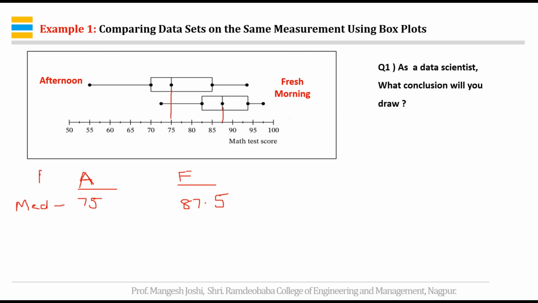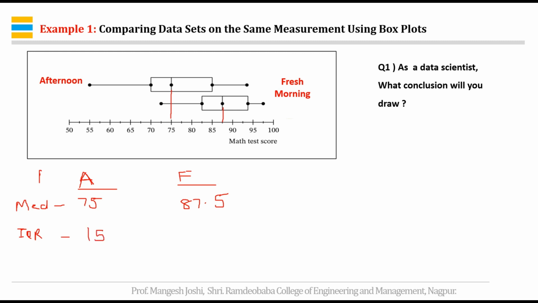Next, you have to identify the IQR, that is the interquartile range. You can see that the IQR for the afternoon session is from 70 to 85, that is 15, right?